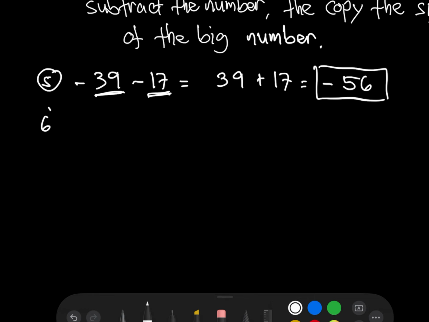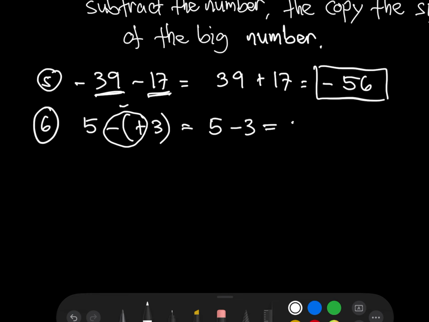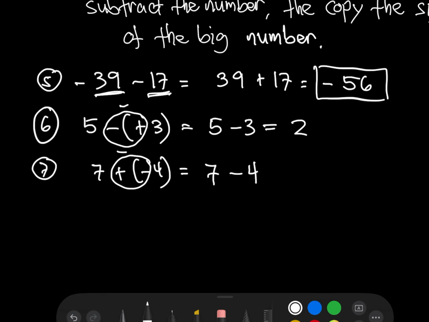Let's have more so that you will fully understand. Example number 6, 5 minus positive 3. Again, if you have minus and plus, it will become minus. So 5 minus 3 is 2. One more, 7 plus negative 4. Again, it will give you negative here. So that is 7 minus 4, which is equal to 3.